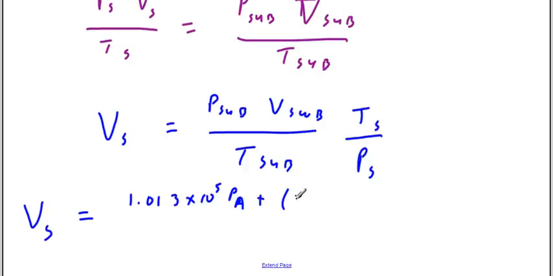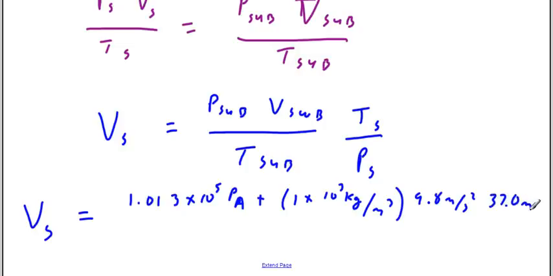And so I've got 1 times 10 to the 3rd kilograms per meter cubed times 9.8 meters per second squared times 37.0 meters. So that's going to be the pressure submerged.